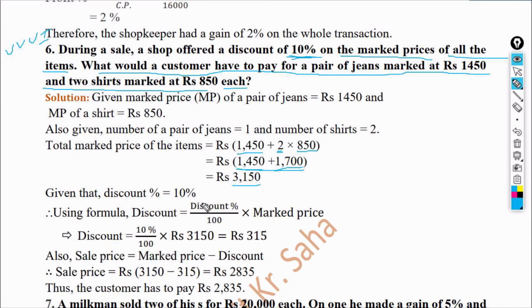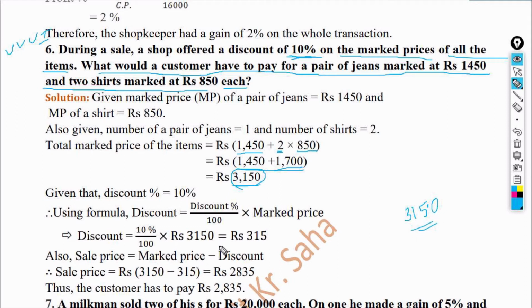Let us find discount, that is 10% of this value, and it is very simple. When you are finding discount for 3150, 10%, for 10% put a decimal point before one digit, that is 315.